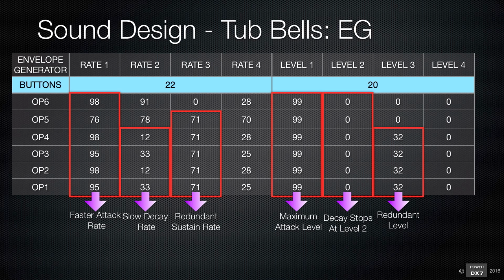For operators 5 and 6, a hammer tone is produced with faster attack rate and faster decay rate. We can ignore rate 3 and level 3 as they are redundant.